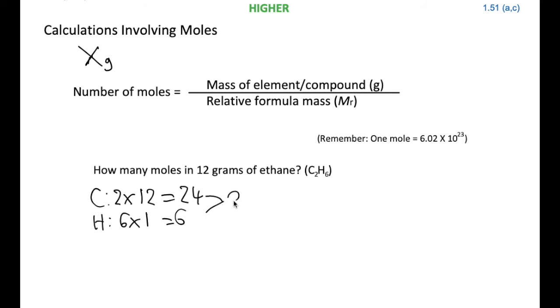Add these numbers up, and we have a relative formula mass of 30. And therefore we know that 1 mole of ethane weighs 30 grams.